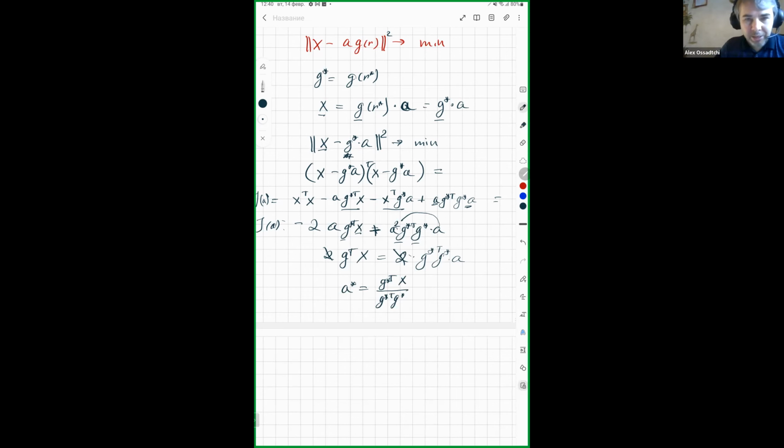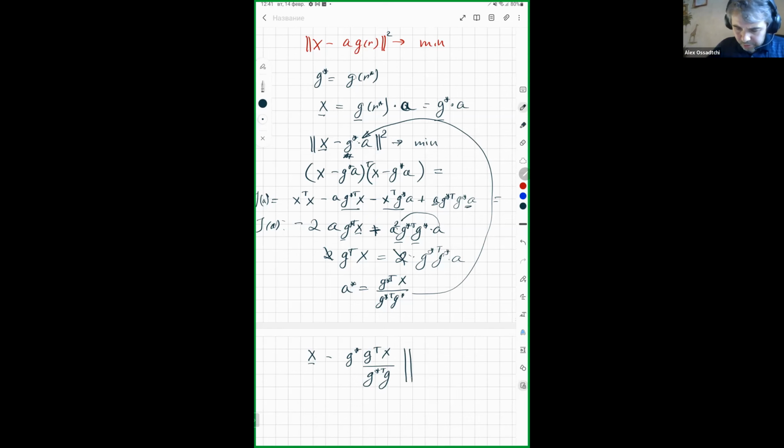Now, let us take this A star and substitute it into this very expression that you wanted to minimize, originally. So it will be X minus G star multiplied by G transpose X divided by G star transpose G star. Okay, agreed?